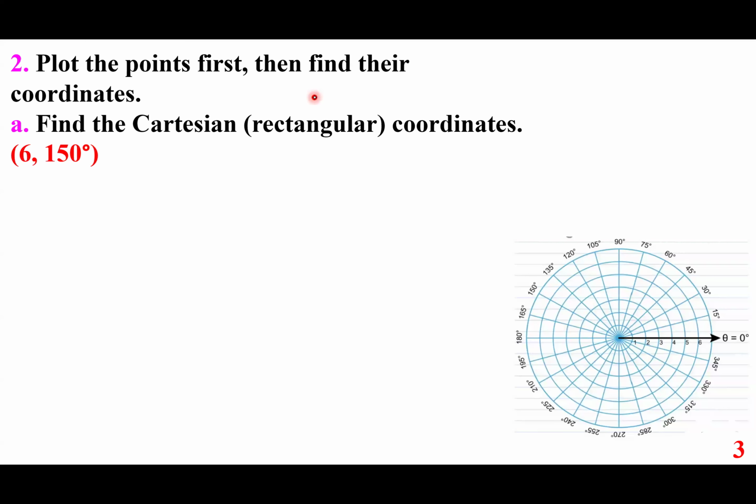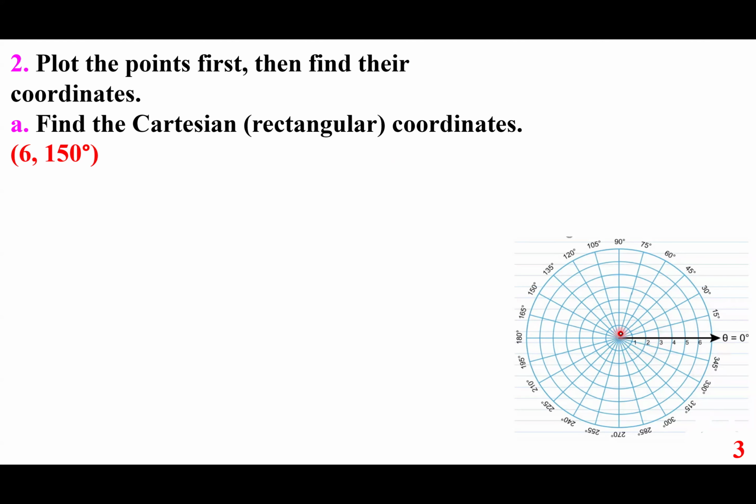Now plot the points first, then find their coordinates in the Cartesian or rectangular coordinate system: 6, 150 degrees. The grid for polar should be a bunch of concentric circles. So 1 means a radius centered at 0, 0, or the pole or the origin, and the radius is 1, and then 2 and 3 and so forth.